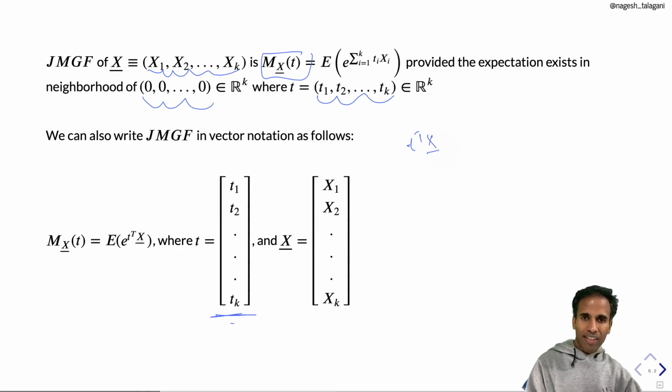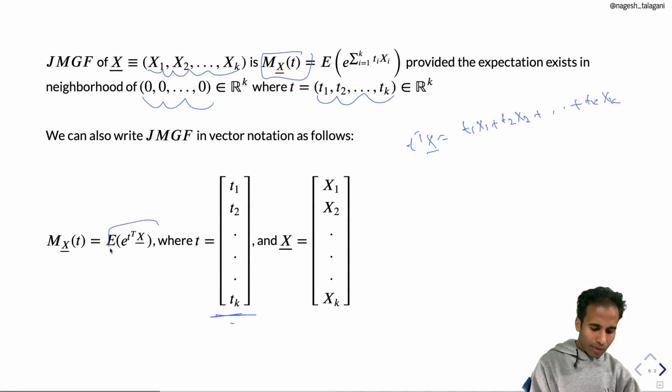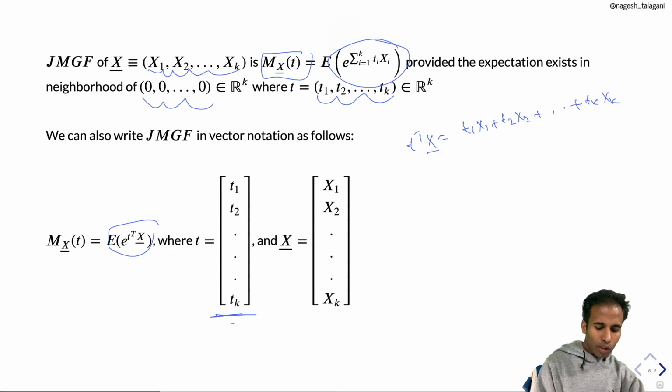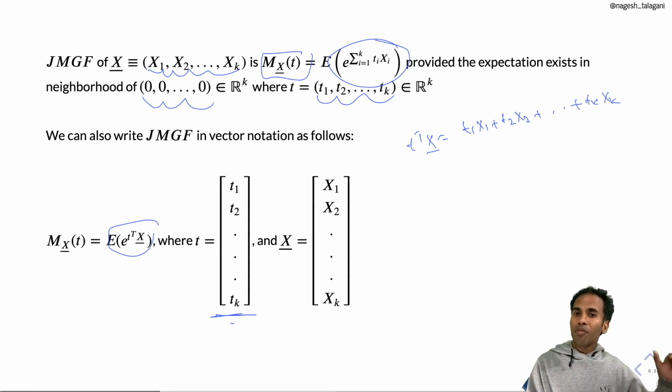As a matrix multiplication, we can write t1 X1 + t2 X2 + ... + tk Xk. So that's why this is exactly this one. So the joint MGF of X at t is going to be the expectation of e^(tᵀX), which is a compact notation. This expression looks much like the MGF we defined in the univariate case, right? Fine.